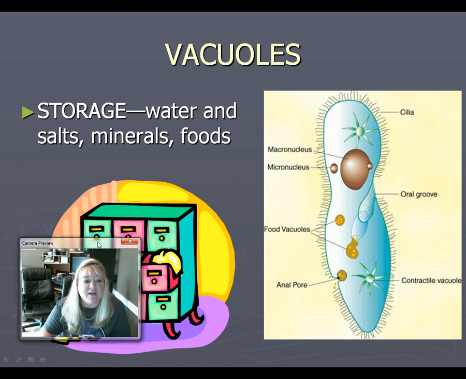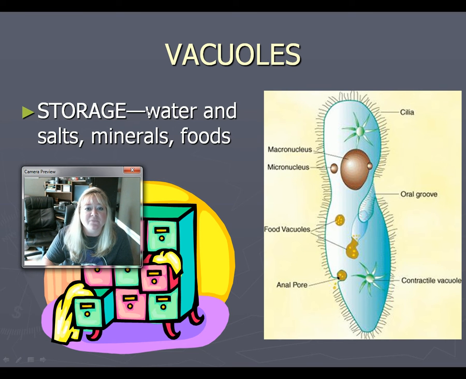Okay, and then we have vacuoles. Vacuoles are for storage of water and salts and minerals and foods. So when I hear vacuole, I think of vacuum, like a vacuum cleaner that sucks things up. And so here is a protozoa like we saw earlier, and it has food vacuoles right here and right here.